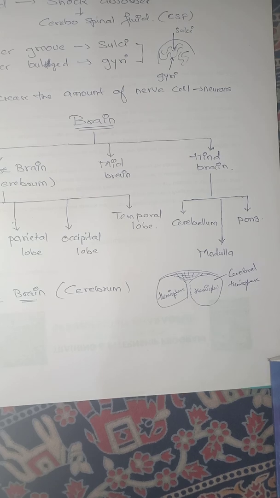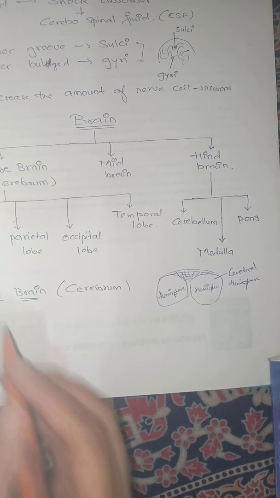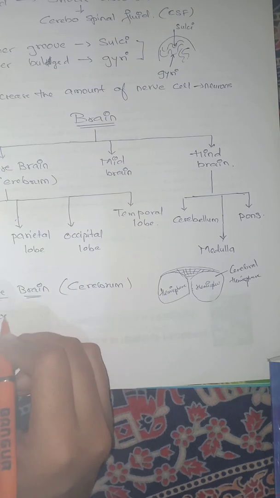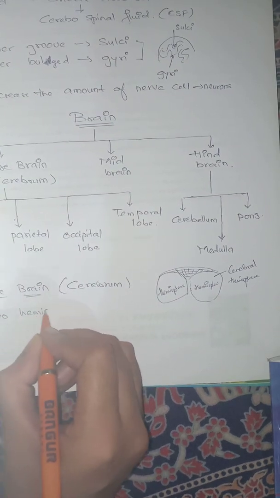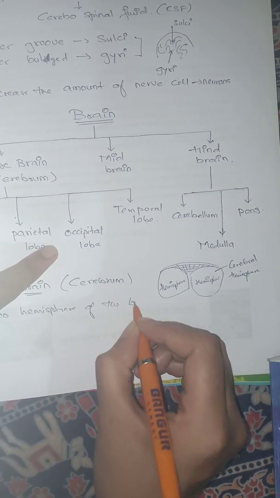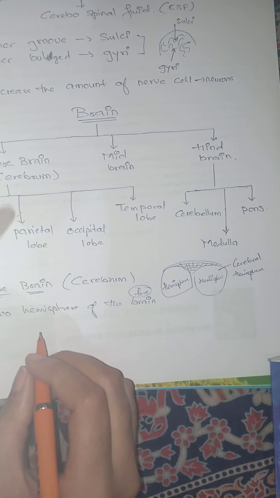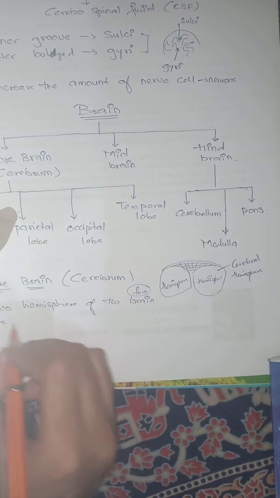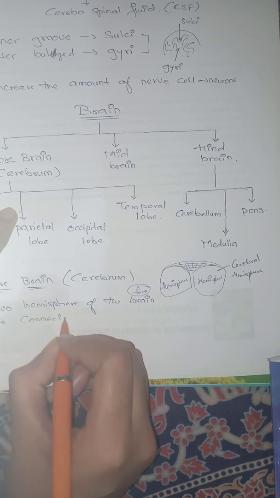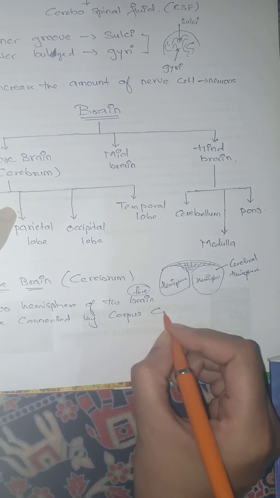Again I am repeating the name: the two hemispheres of your forebrain are connected by what we call the corpus callosum.